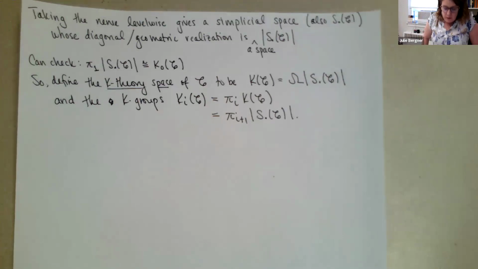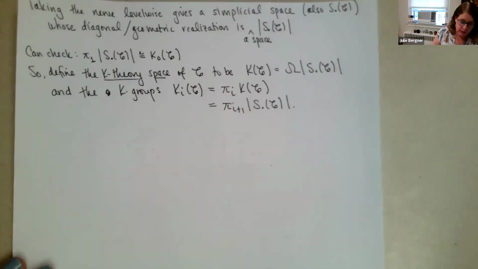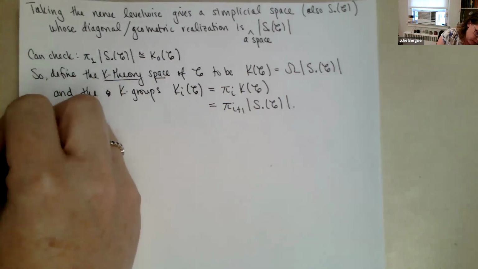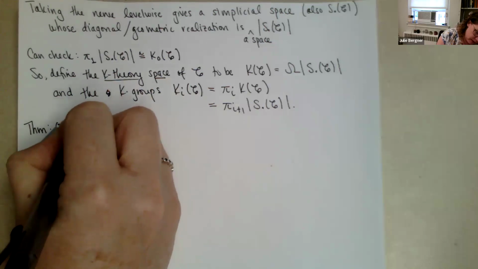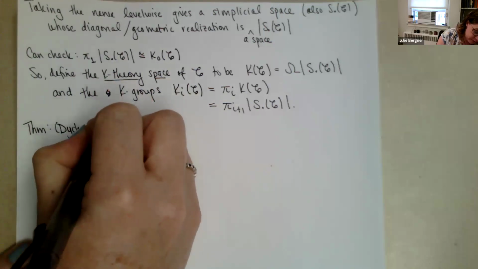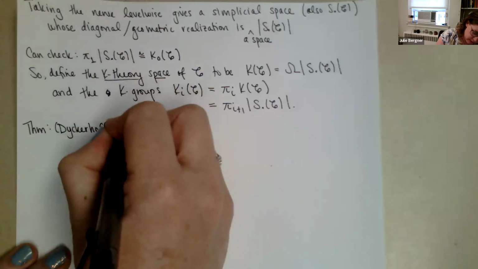So this is a bit more here just for motivation, like why people care about this S dot construction. I mean, why it was defined in the first place. Okay, so now a theorem, and this was proved independently by two groups of founders of 2-Segal things.